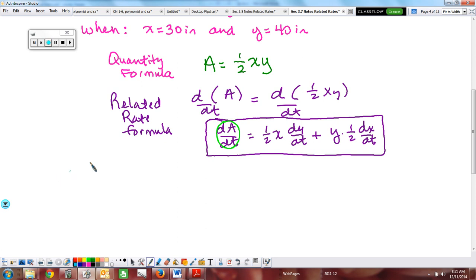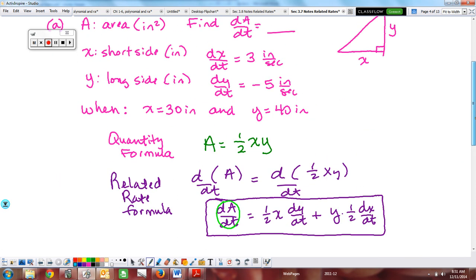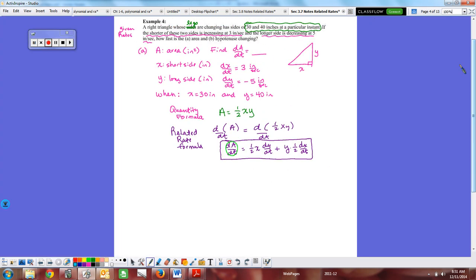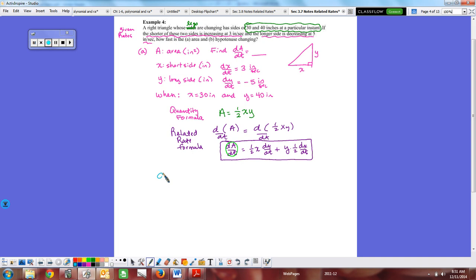So at this point, plug and chug. We know, using the information that we have from above, let me just zoom out a little bit. Let's try 100%. All right, so I have all the information listed up here, so dA/dt is going to be 1/2 the x, the when, 30 inches, times dy/dt, which is -5, plus my y, which is 40 inches at this instant, times my 1/2, times my dx/dt, and dx/dt is 3 inches.